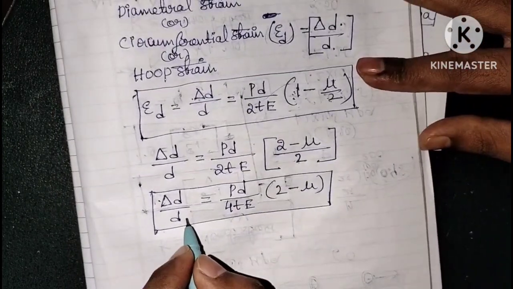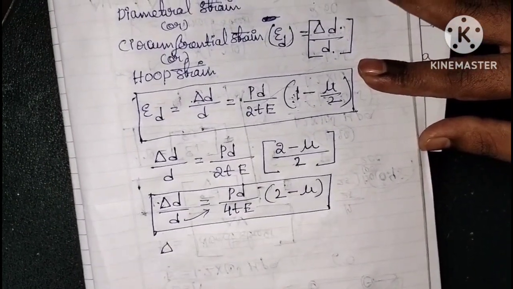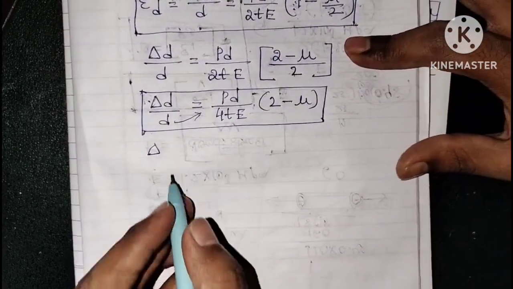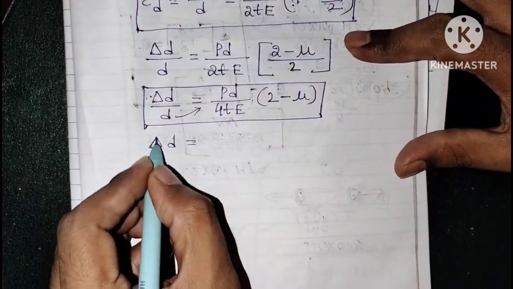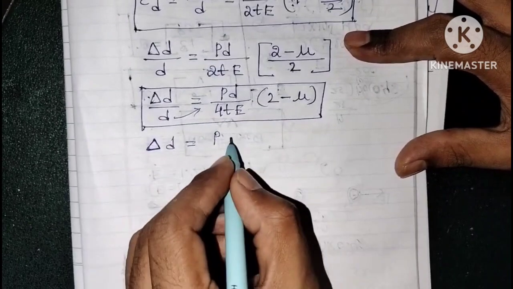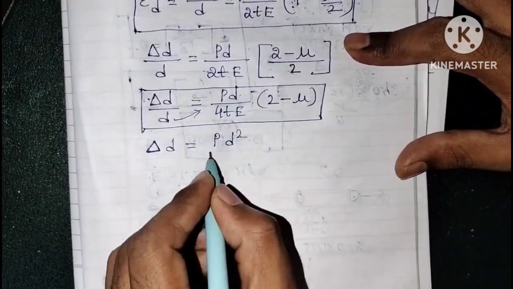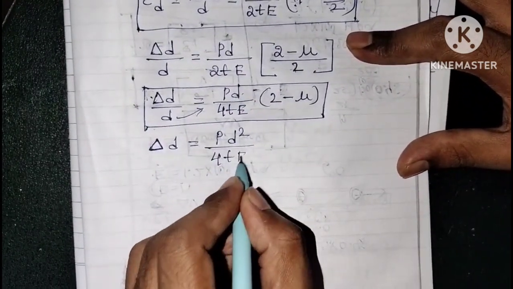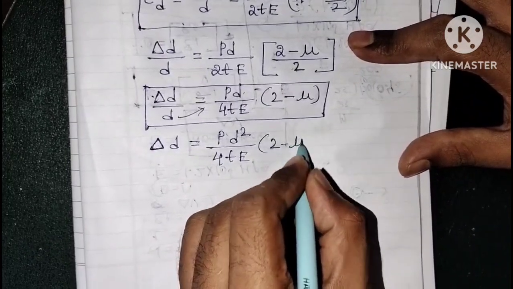We need only the change in diameter, so we transpose d. Delta d is equal to pd square by 4tE into (2 minus mu).